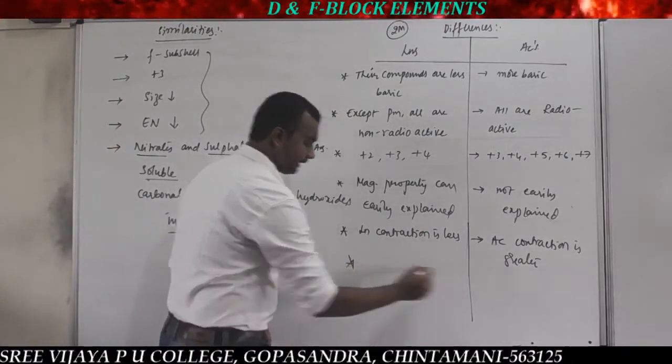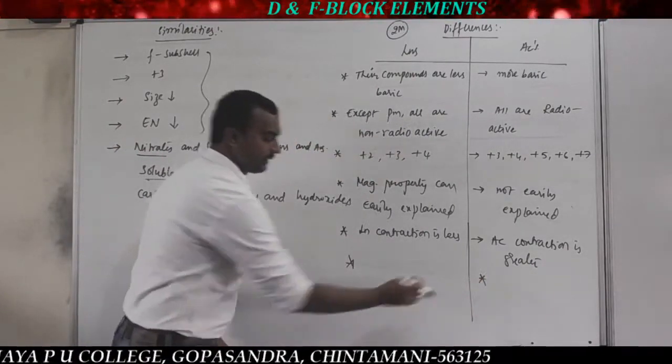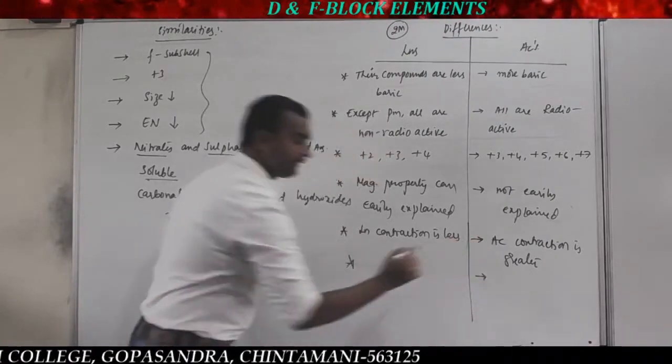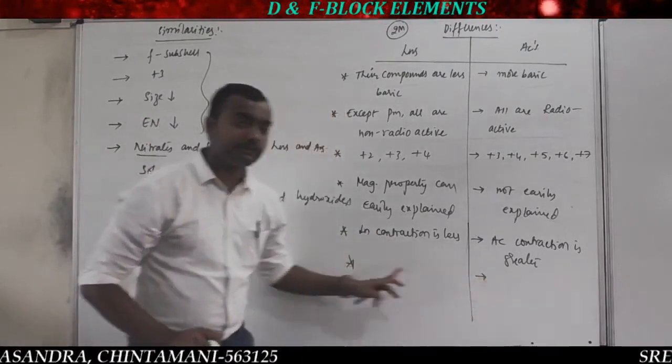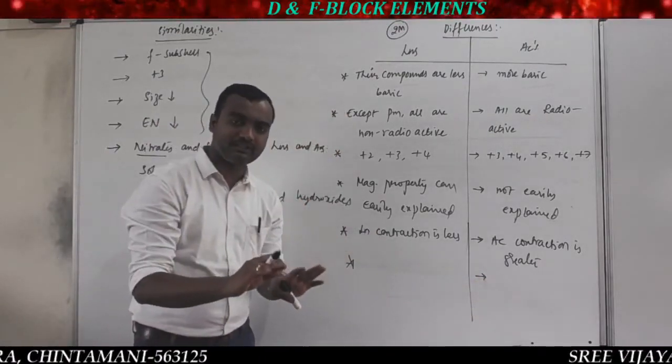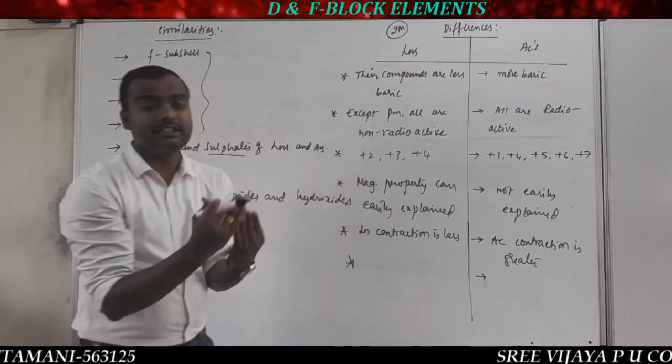One more difference: comparatively, 4f and 5f electrons. 5f electrons show a very poor shielding effect. 4f electrons also have a poor shielding effect, but compared to 5f, the shielding effect is greater.